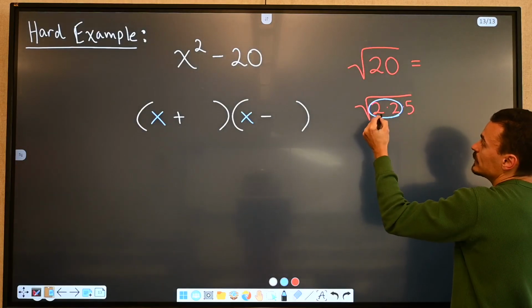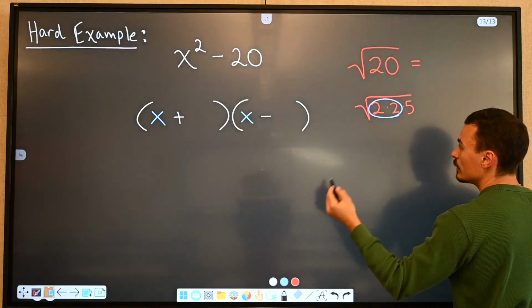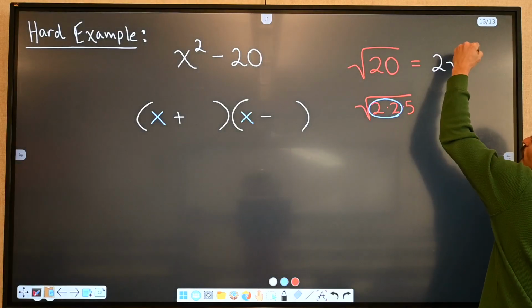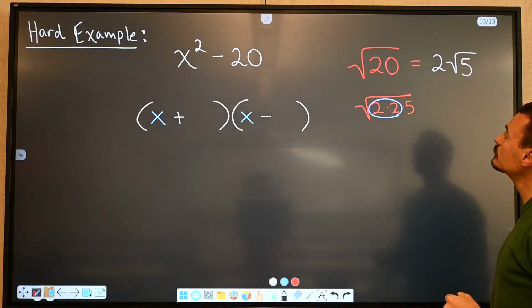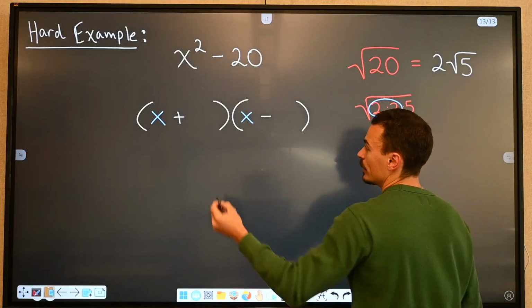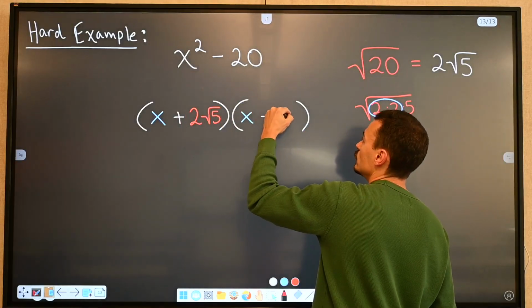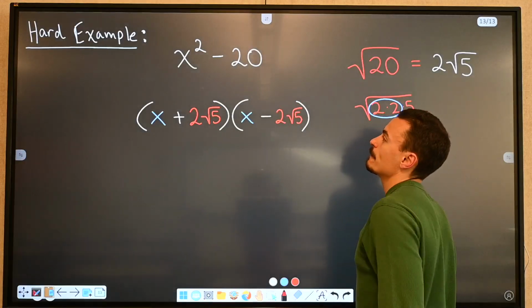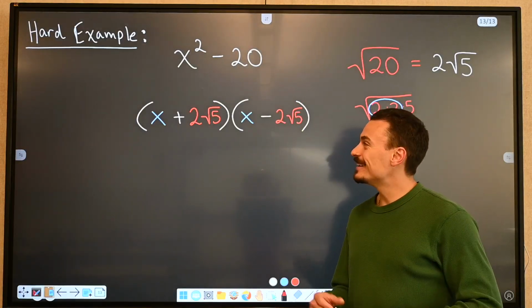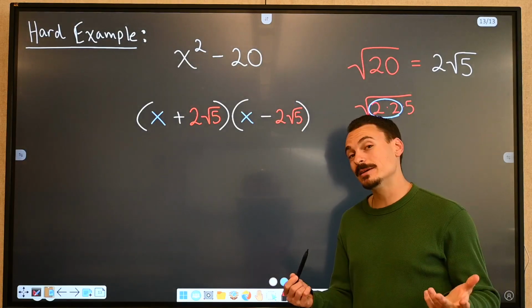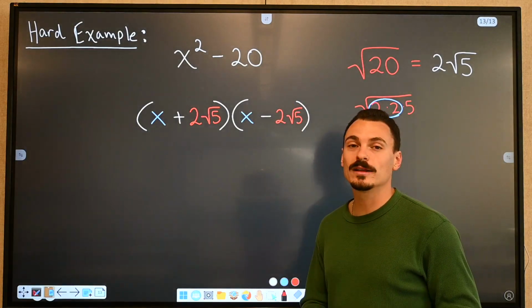And I need 2 to take out 1. So this would be equal to 2 root 5. So right here, 2 root 5, 2 root 5. All right, that's a tough one. I'm not going to put that on the test. Maybe as an extra credit question, I would put something hard like this.